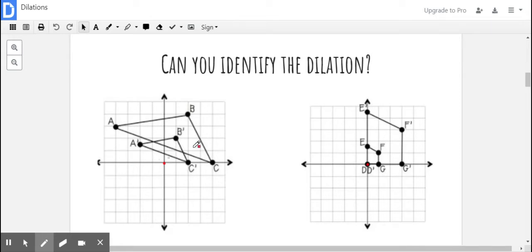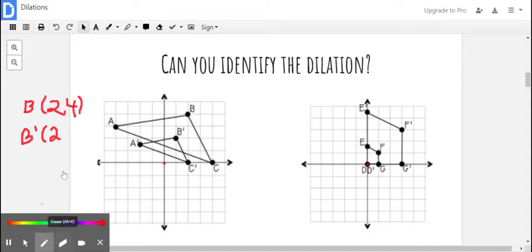If we look at some of these points, we can see that point B is (2, 4), and B prime is only (1, 2).